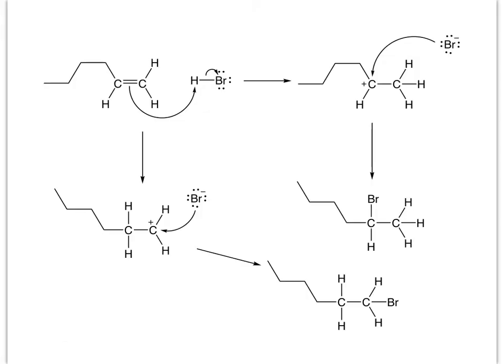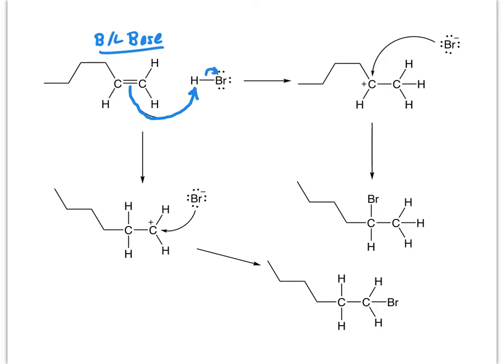Okay, so here's our reaction. In this addition reaction, the alkene, 1-hexene, acts as a Lewis base, or in this case a Bronsted-Lowry base, because a hydrogen ion is involved. A Bronsted-Lowry base takes the hydrogen ion from the hydrogen bromide.